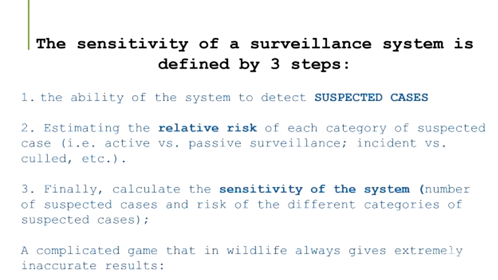And then we have to estimate the relative risk of each category of suspect cases, for example, through active or passive surveillance, car accident in respect to hunted or culled animal, and so on and so on. And then, finally, we can calculate the sensitivity of the system.